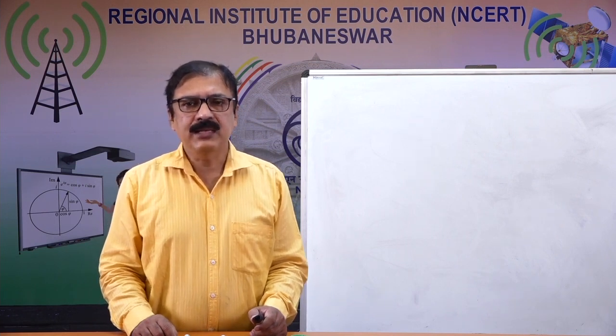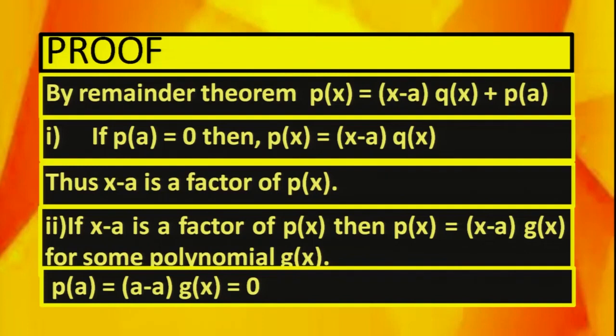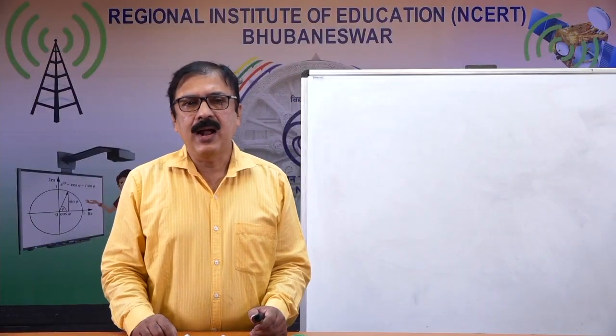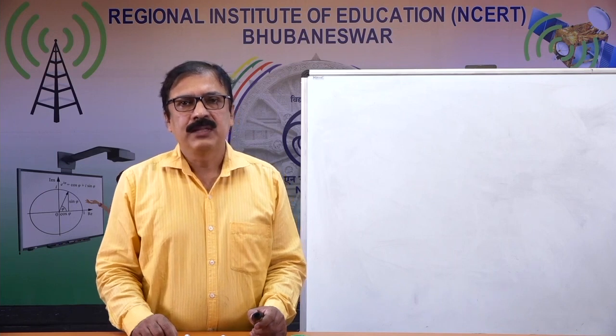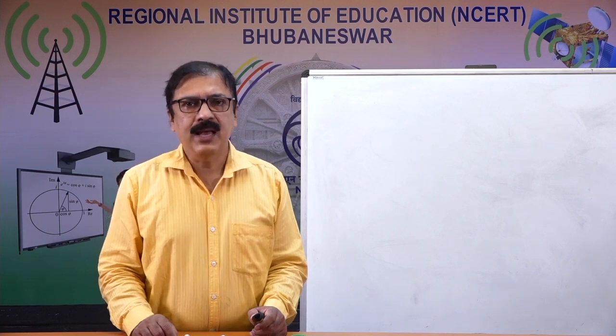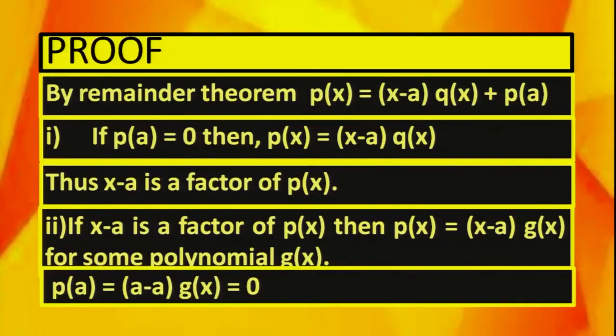If we replace x by a, what happens? This x minus a becomes a minus a into g(x), the quotient polynomial. So a minus a is 0. 0 into this g(x) gives the 0 polynomial, or the value of P(a) is 0. What does it mean? This is our second part, where we had to prove that if x minus a is a factor of P(x), then P(a) must be 0.